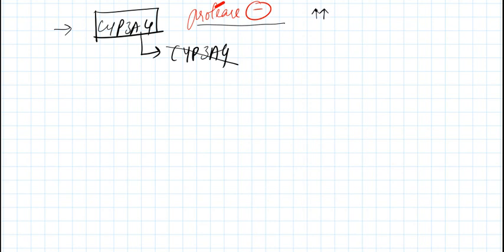But if you give a drug which increases the action of cytochrome P3A4, then it leads to failure of protease inhibitor therapy.